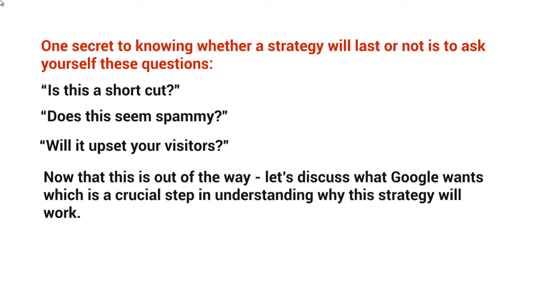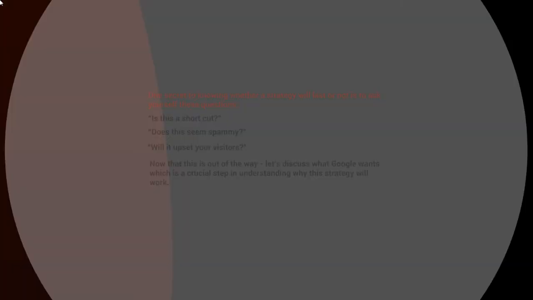So now that you have an idea, don't upset the visitors. If it's spammy, if it's a shortcut, this is going to upset them, right? So what is it that Google wants in relation to this? Well, we'll talk about that in the next video.